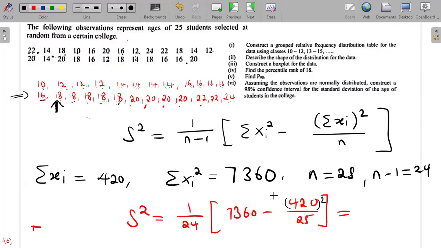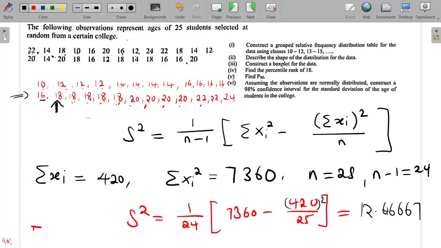So I have 1 over 24, multiplied by 7360 minus 420 squared, divided by 25. That gives me 7056. This leads me to 12.66667.